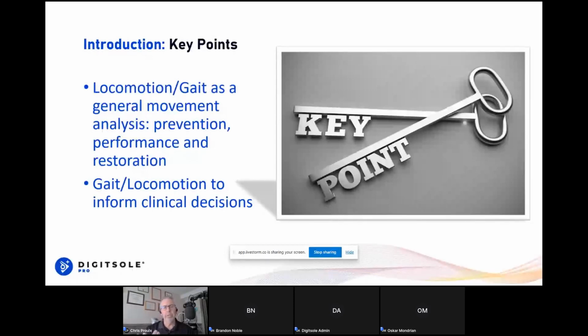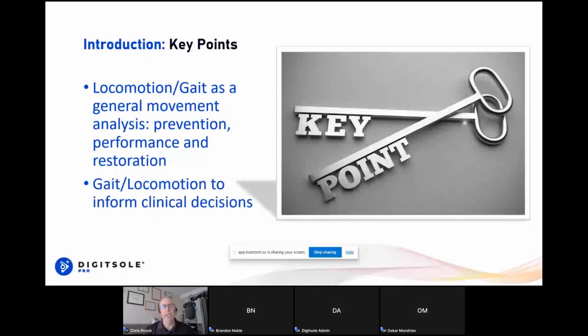The first is considering that gait is part of a general movement screen, and how we can look at a lot more than what gait analysis is sometimes thought of, which is just looking at the lower extremity movement patterns, especially the foot and ankle. Because of how gait is initiated and utilized in human locomotion, it can be used as a prevention, a performance, and a restoration tool.